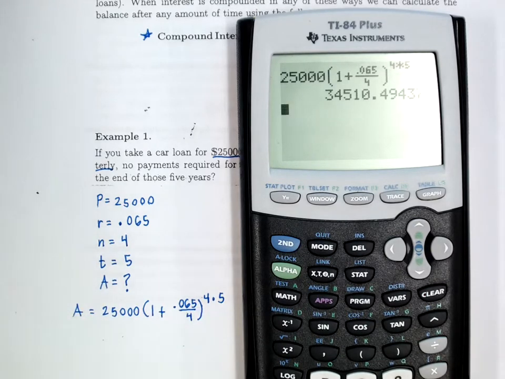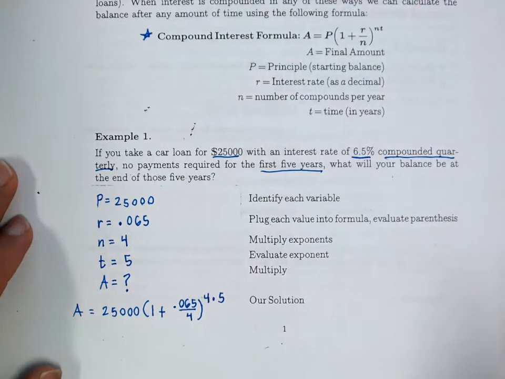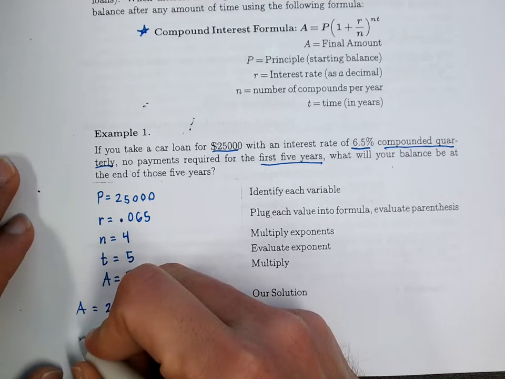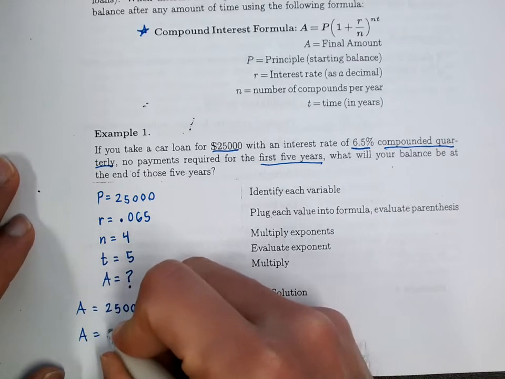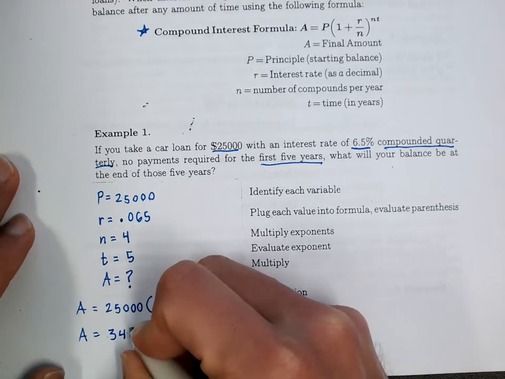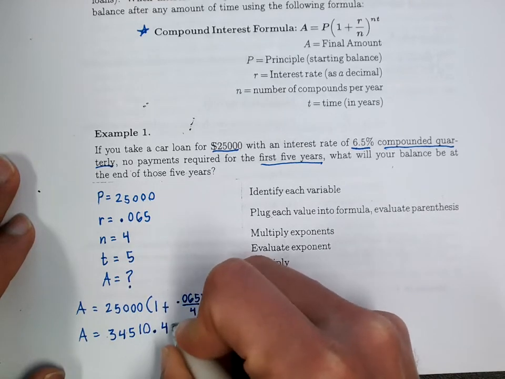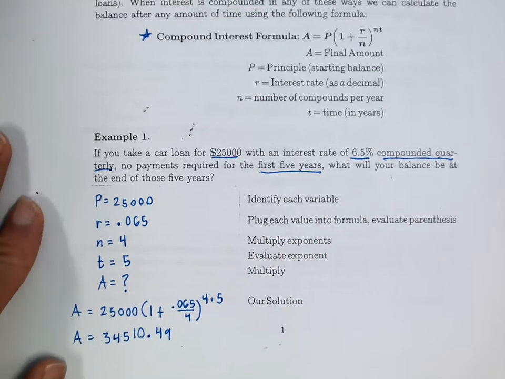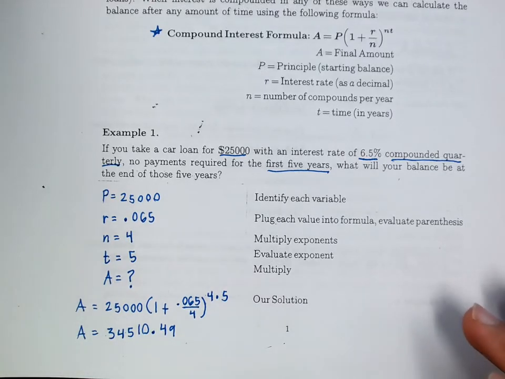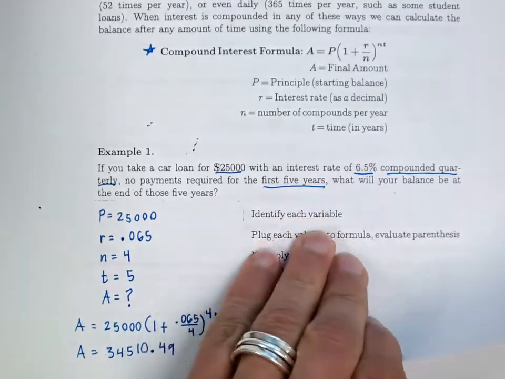Okay, so in this case I'm going to end up with 34,000, and by that I mean he's going to owe, or I'm going to owe, I guess in this case. On a $25,000 car after 5 years, I would owe $34,510.49. Okay, so that's essentially all you have to do with that.